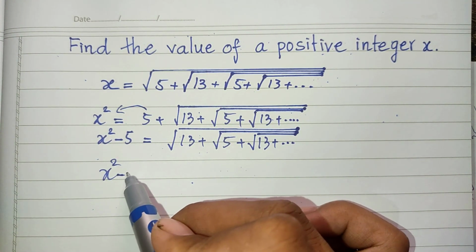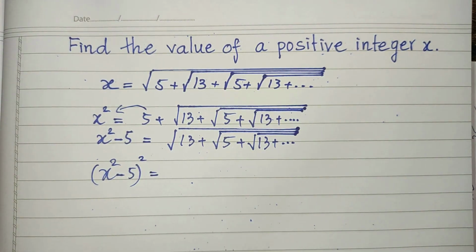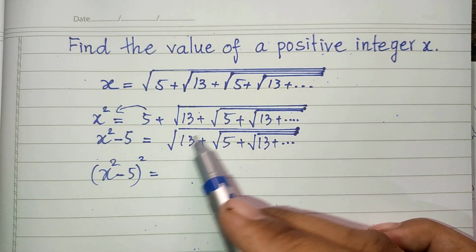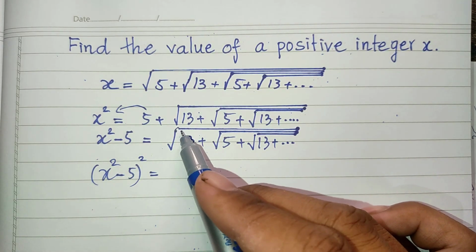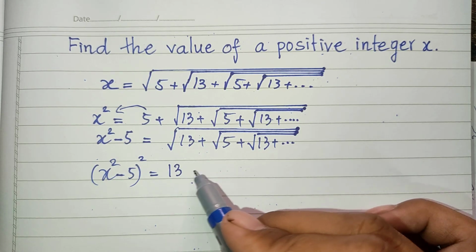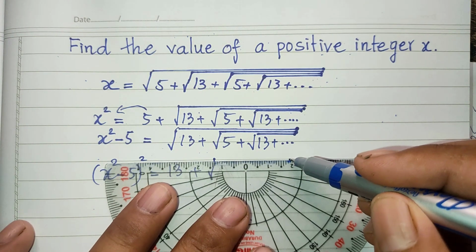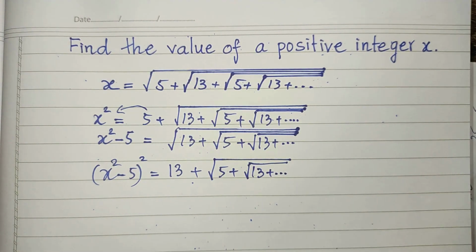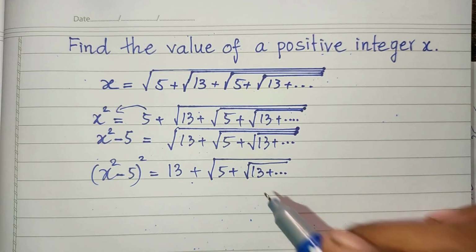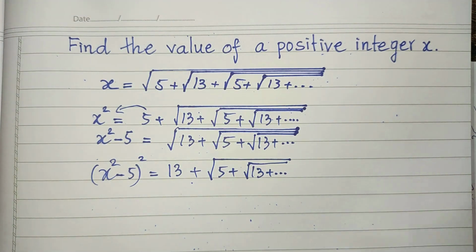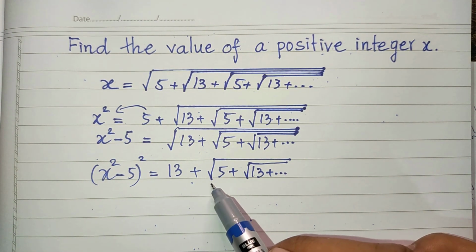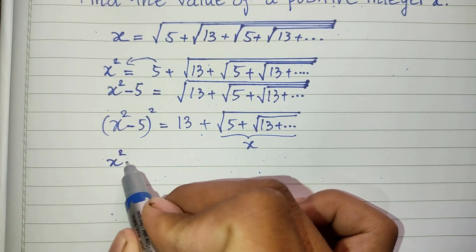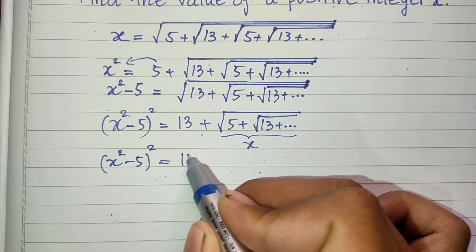We get h squared minus 5, all squared, is equal to 13 plus the square root of 5 plus the square root of 13 plus and so on. Now it's an infinite square root; if we write it out, it's the same. So the trick to solve this equation is to replace this part by h. We get the new equation: h squared minus 5, all squared, is equal to 13 plus h.